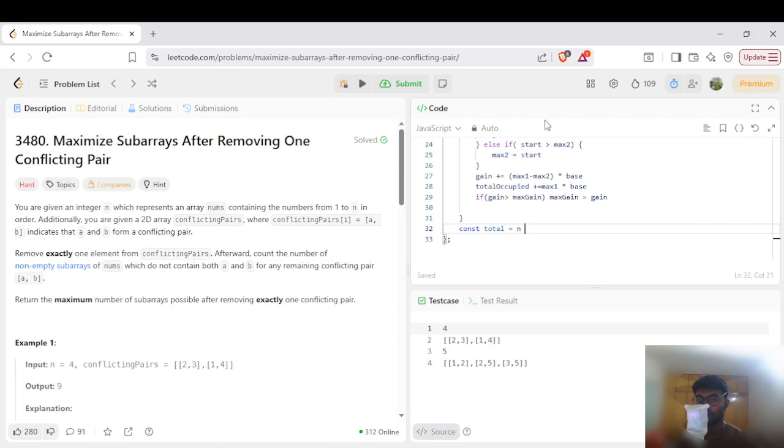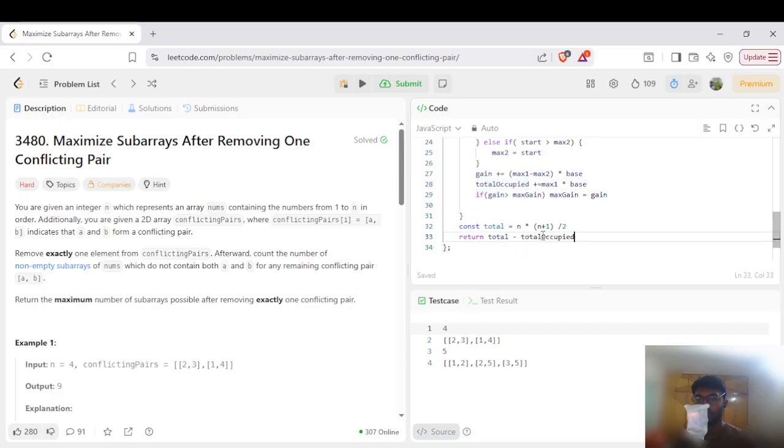So that's the expectancy, and we know that total will be n into n plus 1 by 2, and we need to return total minus total occupied plus max gain.